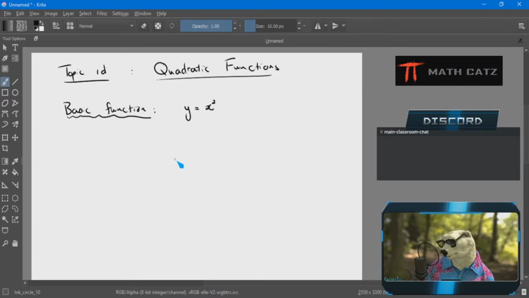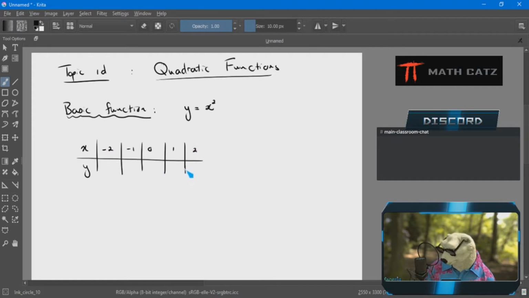This is going to be our first one. Again, not very complicated, but the first time you saw it, you maybe made a little table of x and y values, maybe -2 for x, -1, 0, 1, 2. And then, of course, this is a function. We plug in the x value, we get a y value out, and the obvious y values are just the x values squared. And then we can have a little graph.